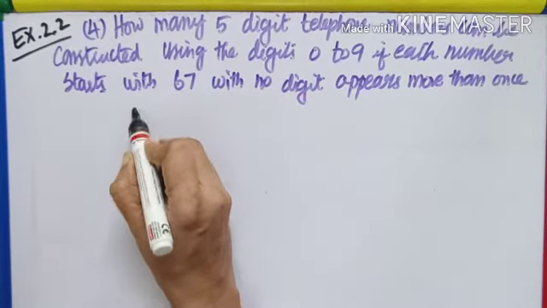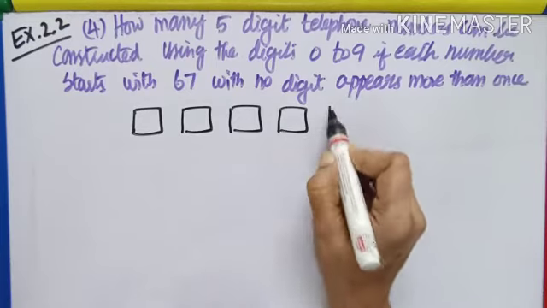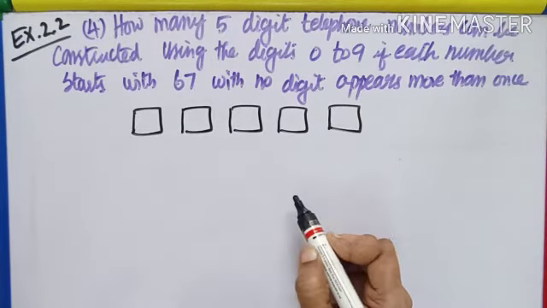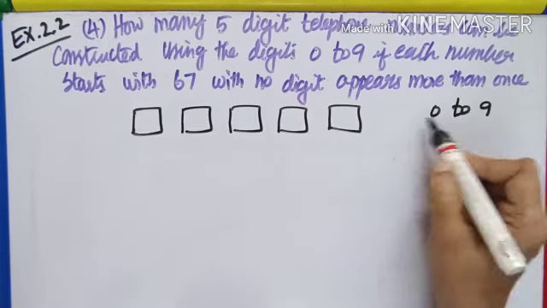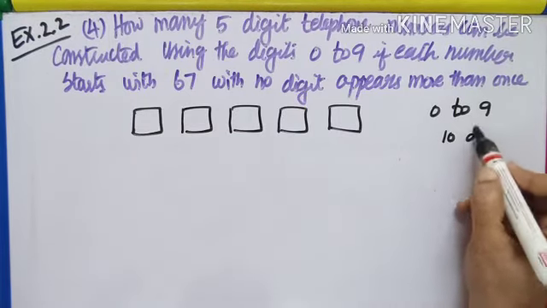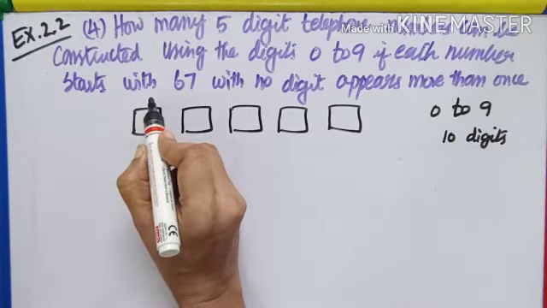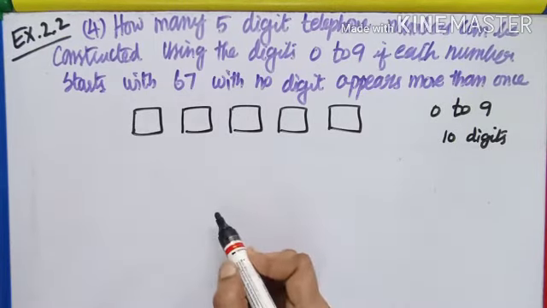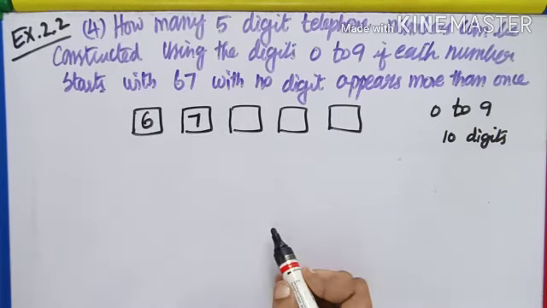So, see, we put 5 boxes. I need to fill some numbers here. What is the condition? 0 to 9. How many digits are there? 0 to 9, 10 digits are there. And what is the third condition? 67 it must start. So here 6, here 7 fixed.